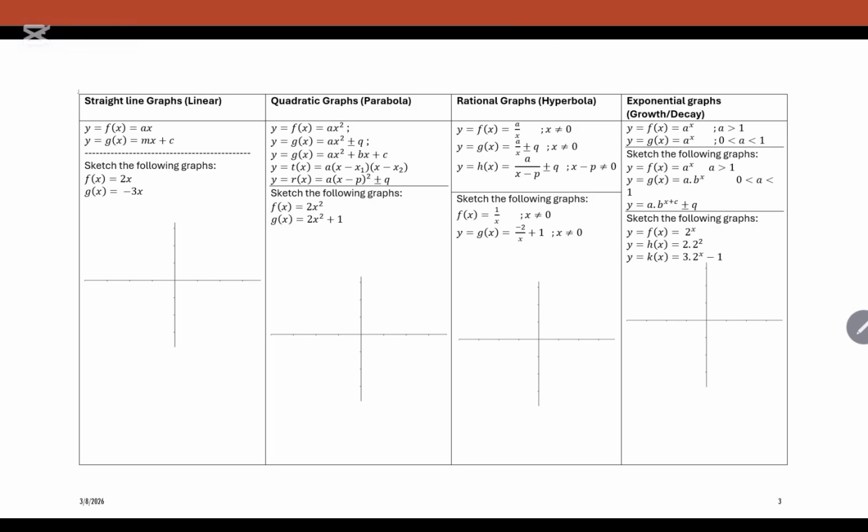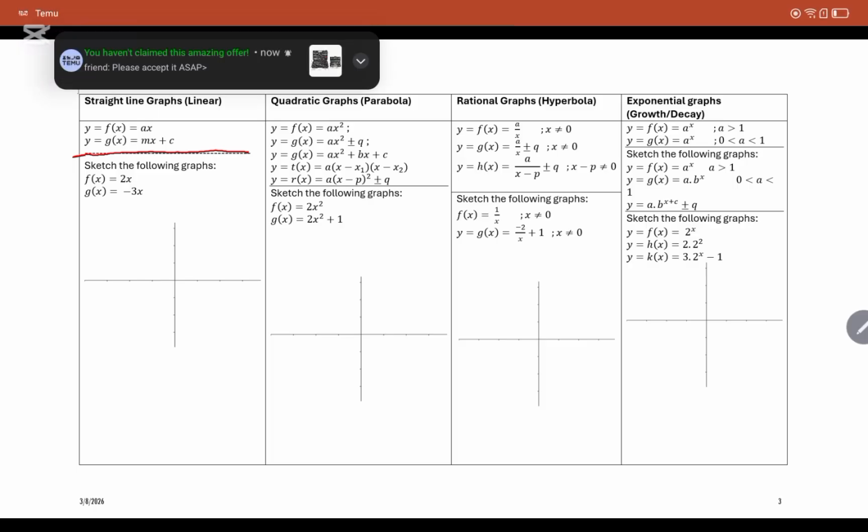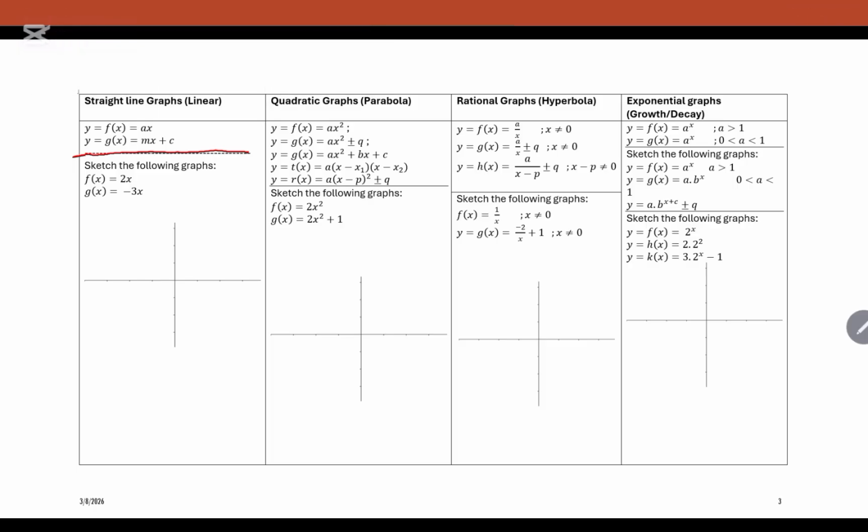Now, if you look at the information that I just wrote above this dotted line, this is the standard form of the algebraic view of the straight line graphs. Well, different variables are used.